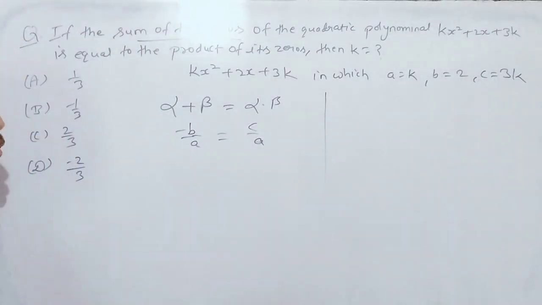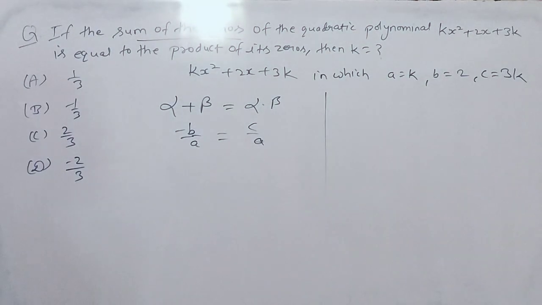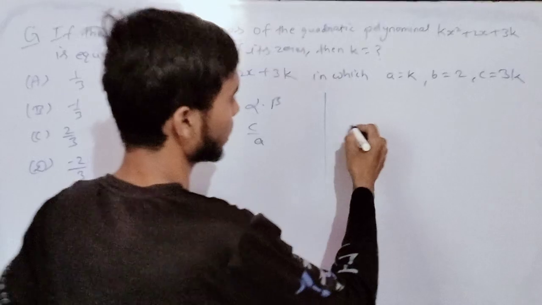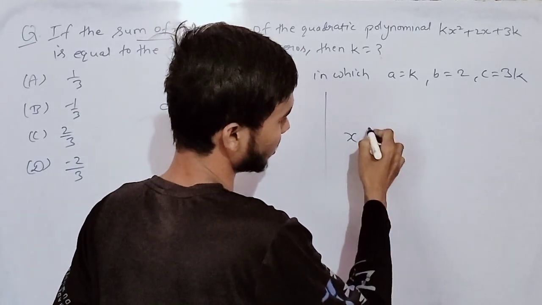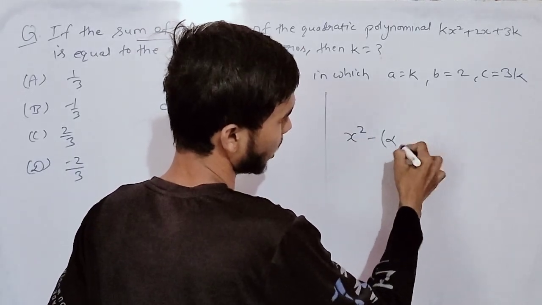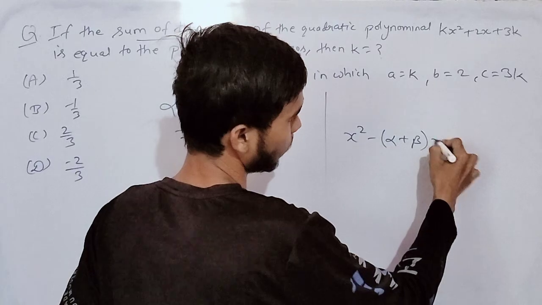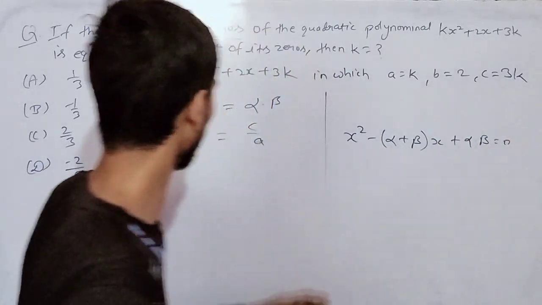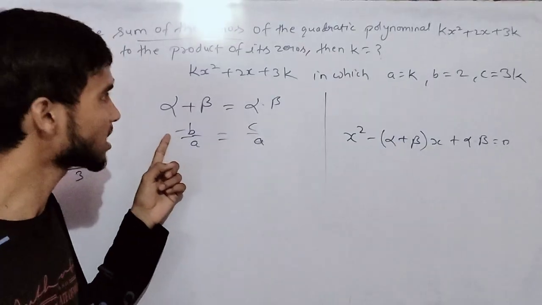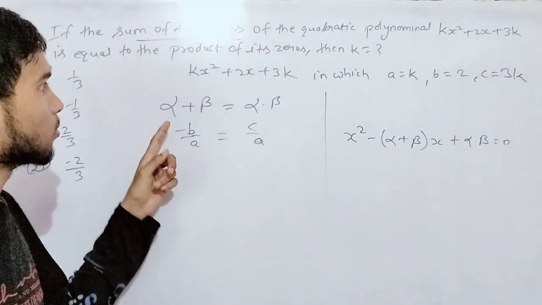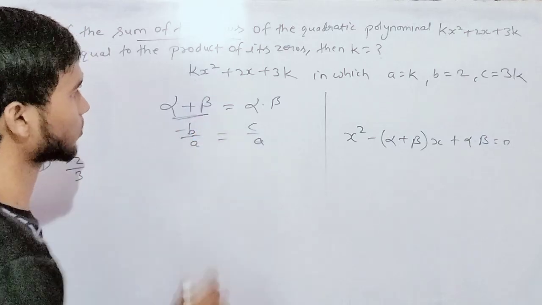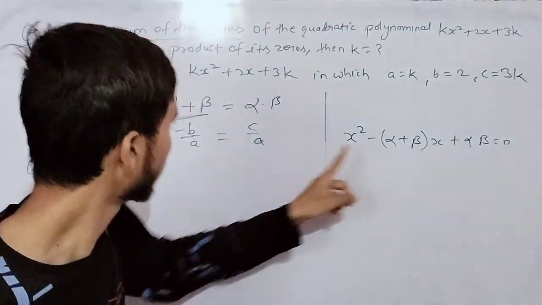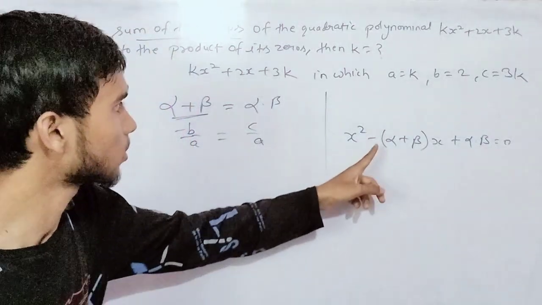Here, I want you to realize one thing when we write this. Here minus is coming. Why? Because here we are taking this, and here minus is coming.